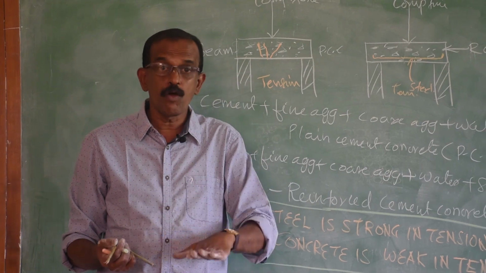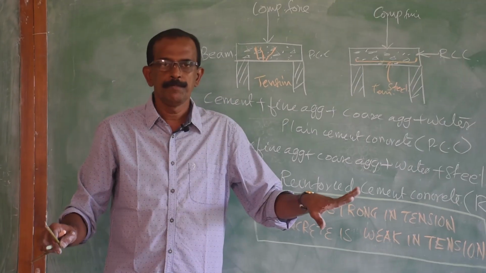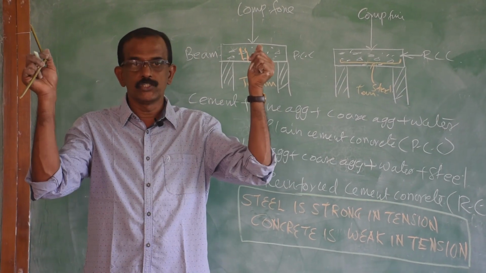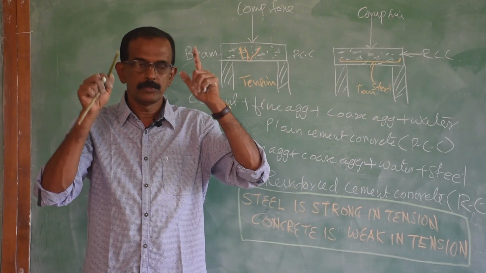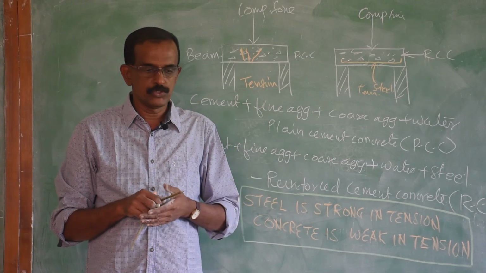That is ground floor flooring. On the ground floor we can use P.C.C., but when it goes to the first floor there will be tension. So there should be a steel rod for the roof. So on the ground floor we can very well use P.C.C. if there is only compressive force.